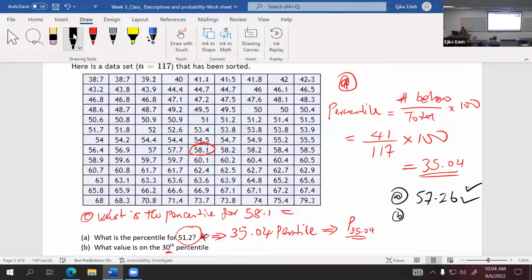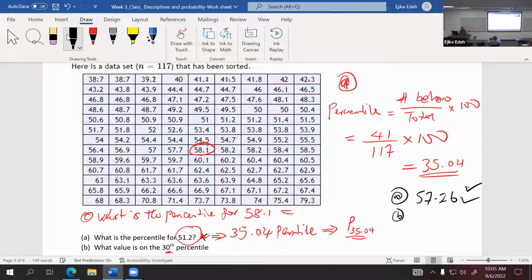I just have a question. Yes. Why do we use the number below? Isn't that giving us the percent for that number and not the one that we're looking at? Yeah, that is a good observation. The definition of percentile is about performance.